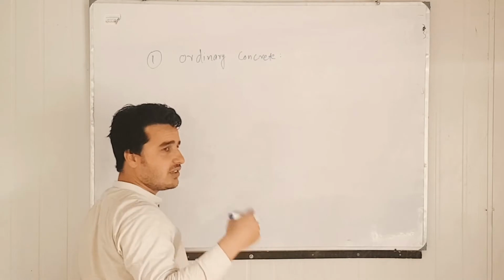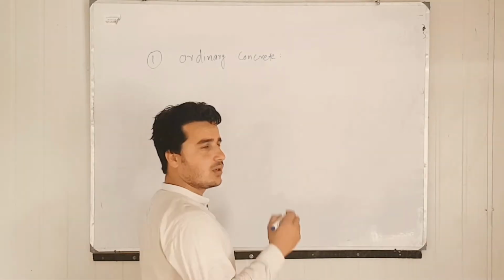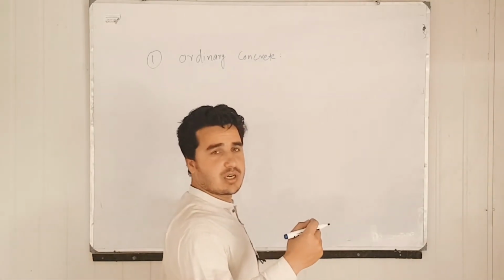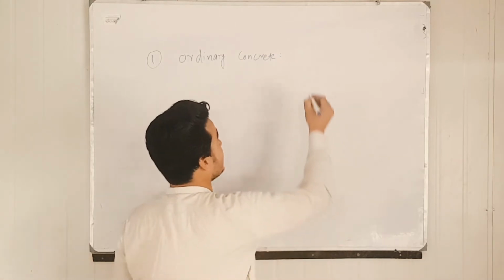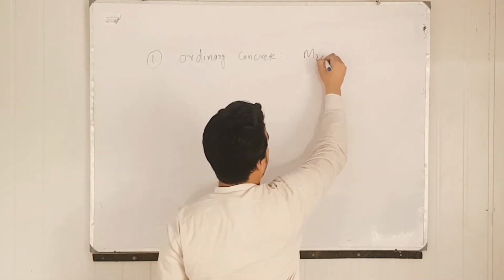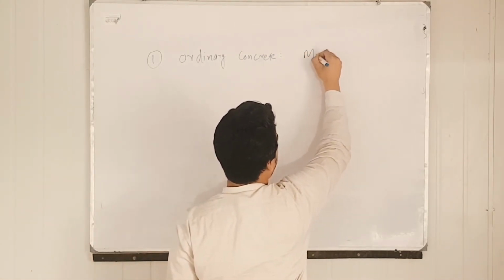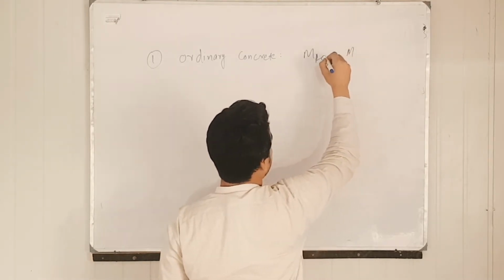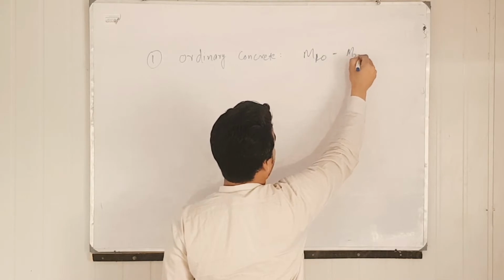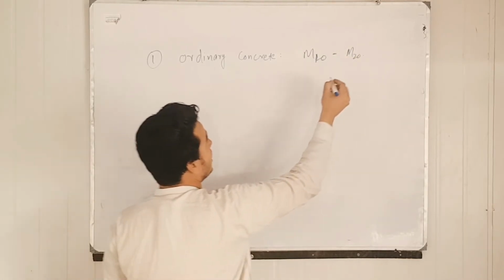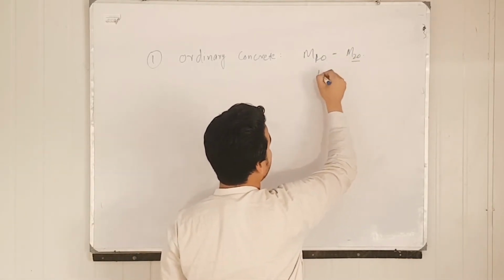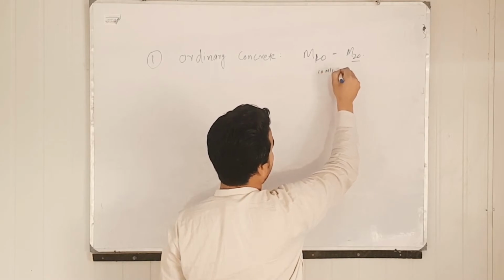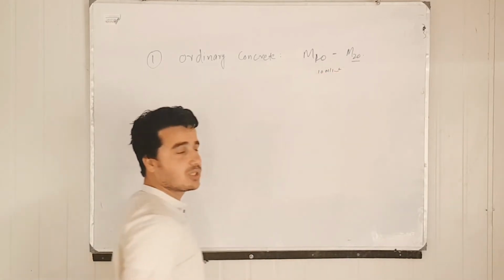Okay, so ordinary concrete is from M10 to M20, which means the concrete from 10 Newton per millimeter square strength to 20 Newton per millimeter square.